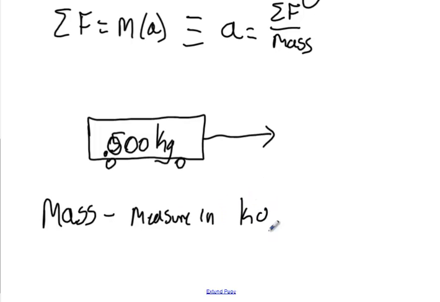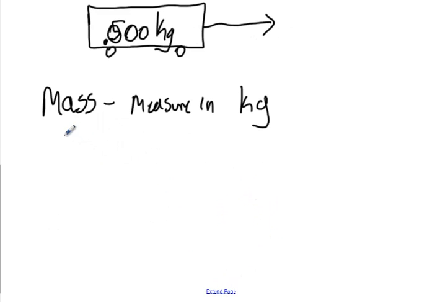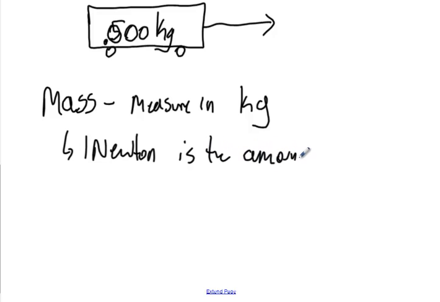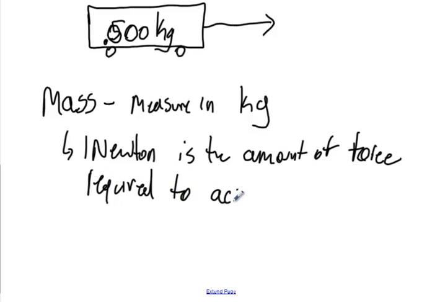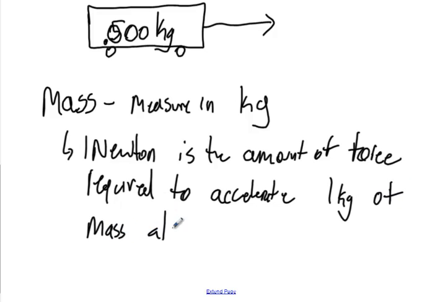And the reason we measure it in kilograms is because of the definition of a newton. 1 newton is the amount of force required to accelerate 1 kilogram of mass at 1 meter per second per second.